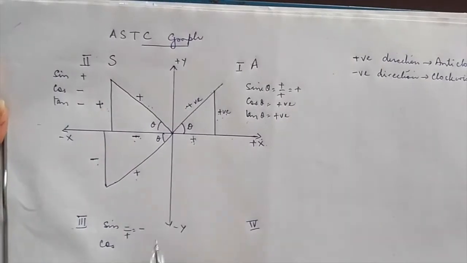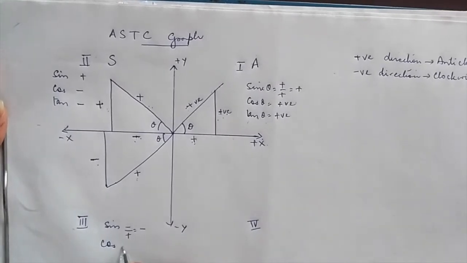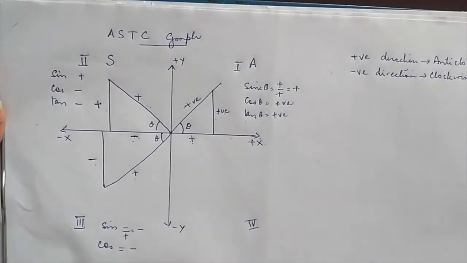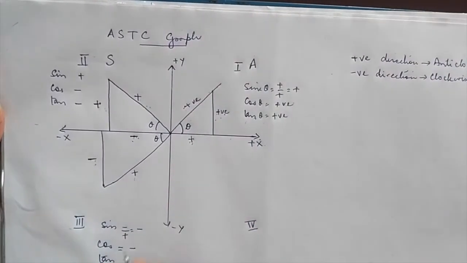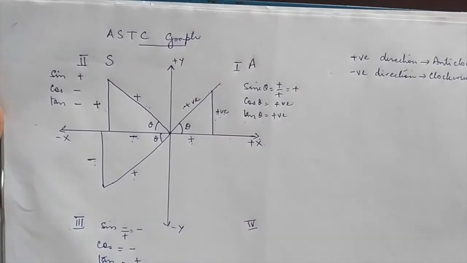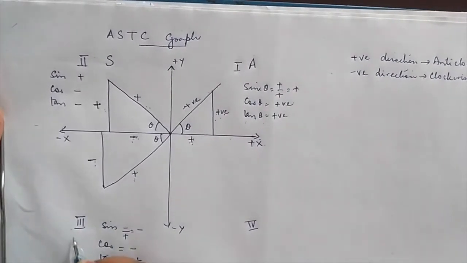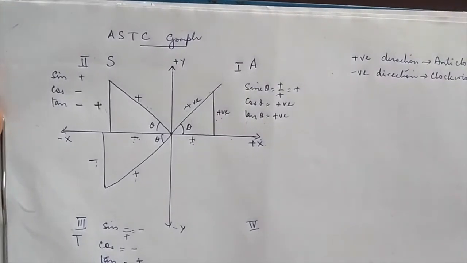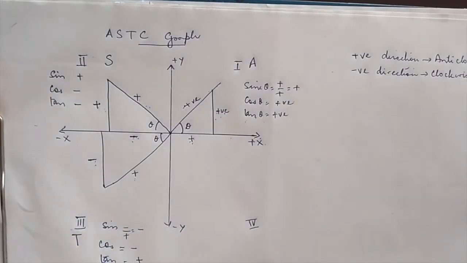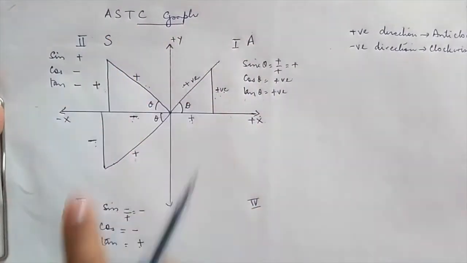Cosine, b by h, so negative upon positive will again give me negative. Tan p by b, so negative upon negative is going to give me positive. So I have tan as positive here. Therefore the third quadrant will be T, because only tan is positive. So now I have done A, S, T.